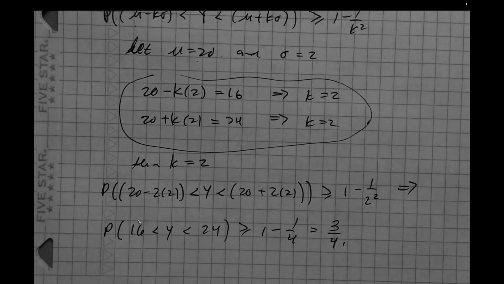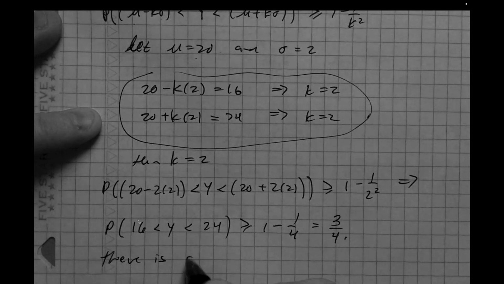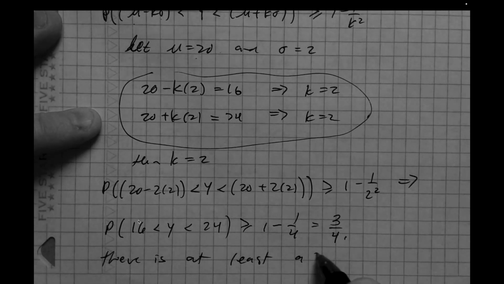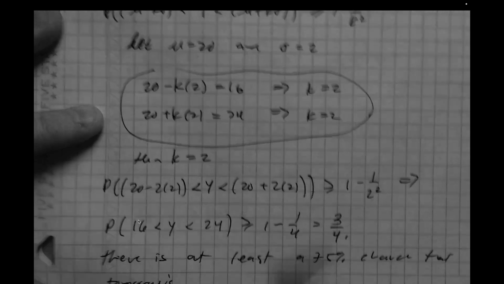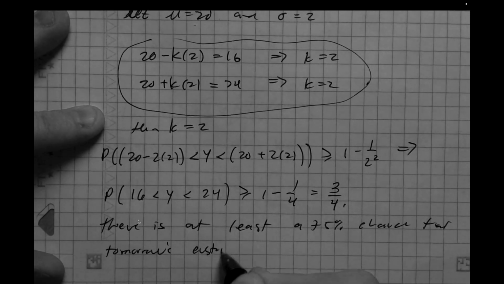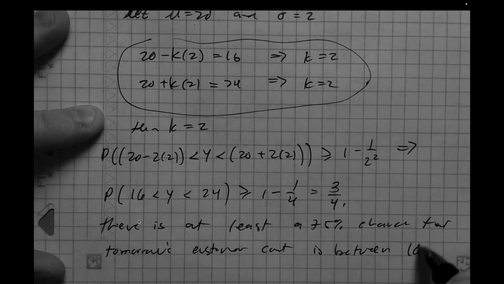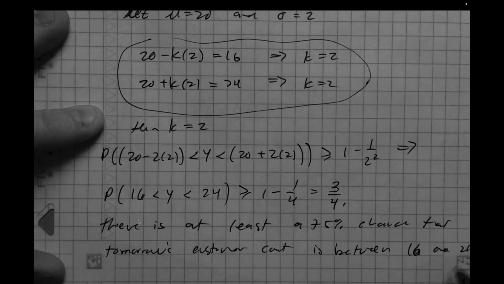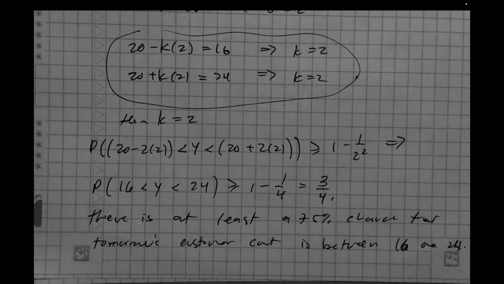While we haven't found a precise probability, what we are saying is there is at least a 75% chance that tomorrow's customer count is between 16 and 24. So that's a practical application of this theorem.